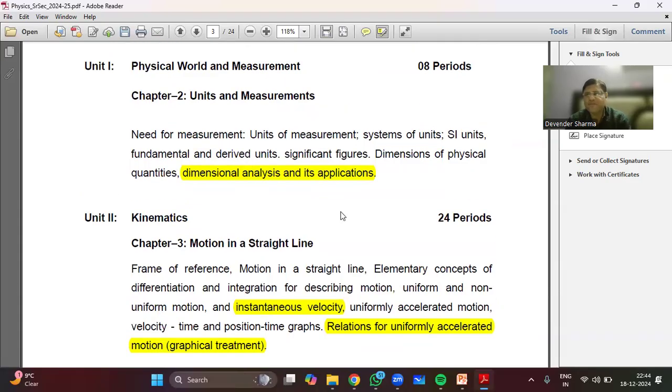So again, we have the most important 50 topics which you can do, one topic per day. So in 50 days, you can be the champion of physics.